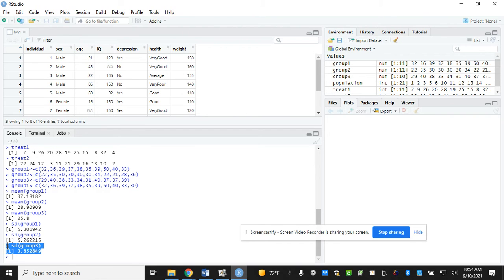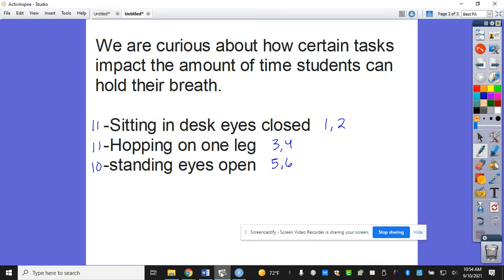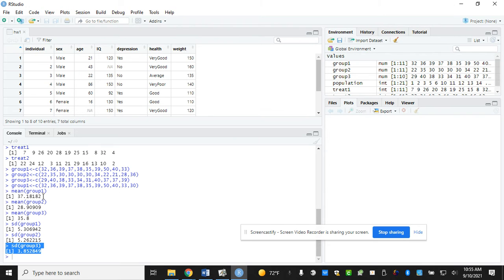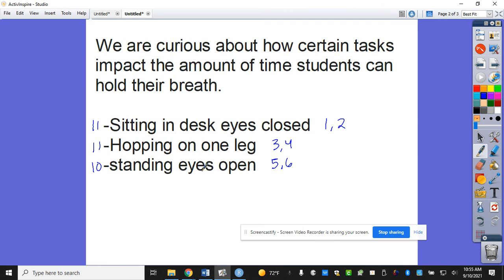My standard deviation being really low for group 3, what does that mean? They were more consistently around each other's time. So even though group 1 was higher, group 3 was more consistent.